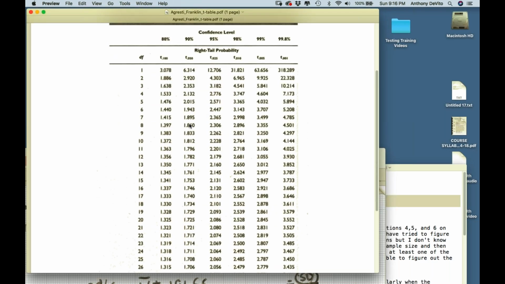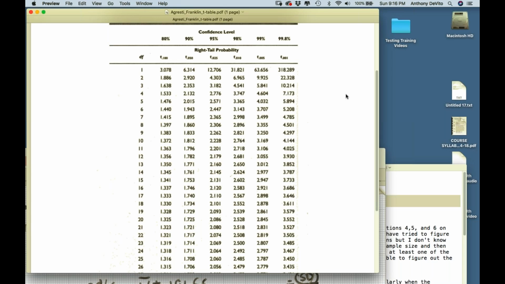Now, the real deal here is that for every different sample size, you could create a T table that mimics the Z table. It could be 2 pages, just like the Agresti Z table that we've been using. So you would have a table for every sample size. Well, that's kind of cumbersome.